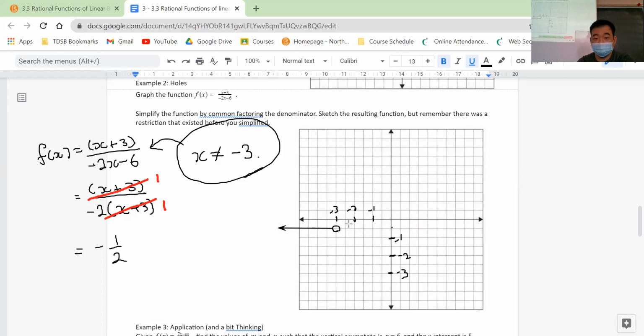The line goes like this. So this is f of x. That is a hole. In other words, what is a hole? A hole is a factor.